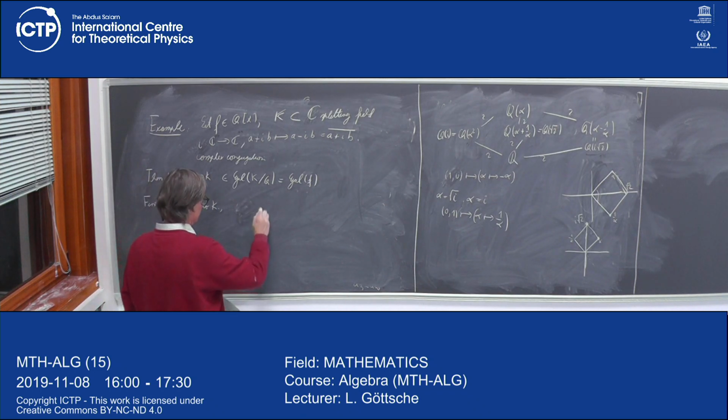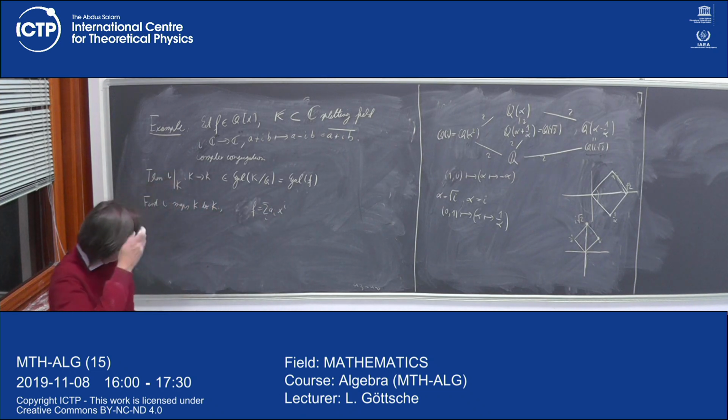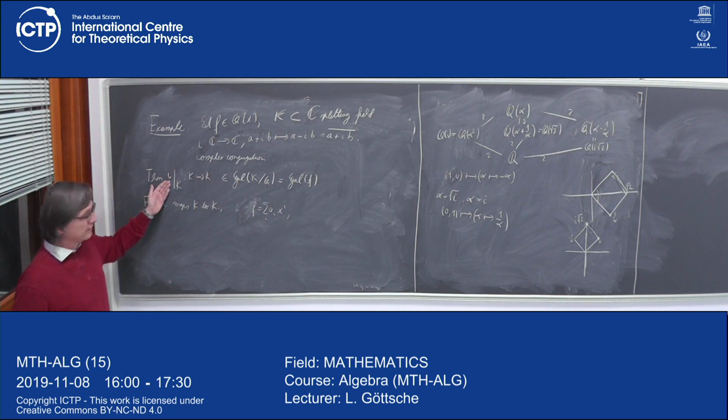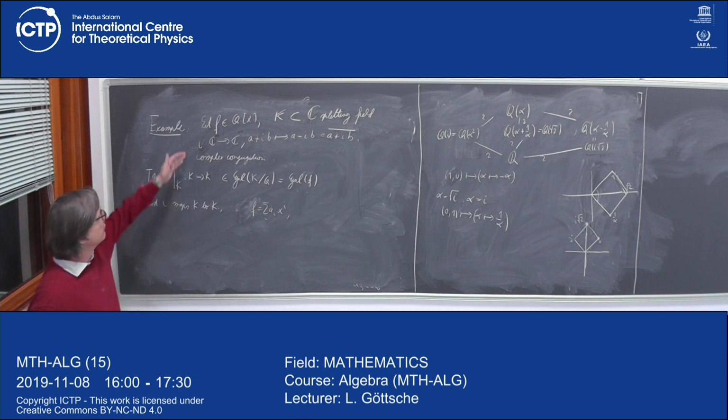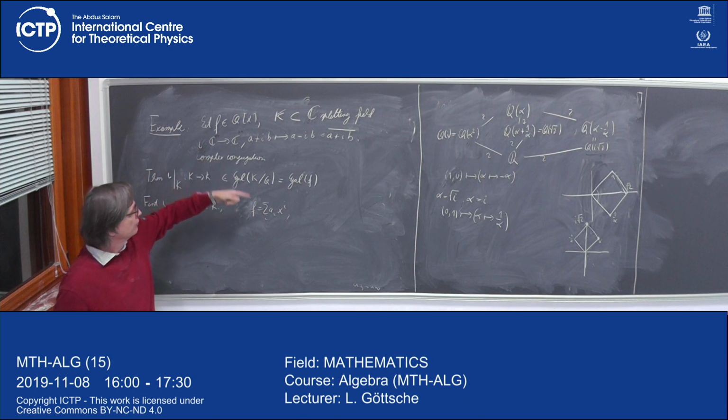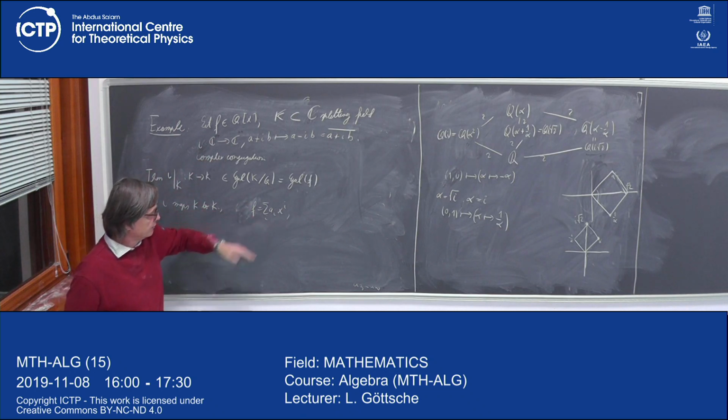You remember, if you have a polynomial f equals the sum of a_i x^i, like our given one, and iota is some field homomorphism, maybe of some bigger field, we can apply this to the polynomial.